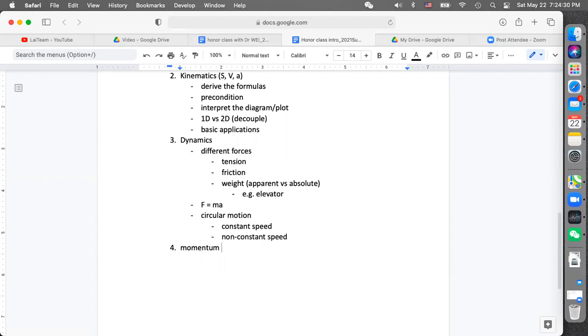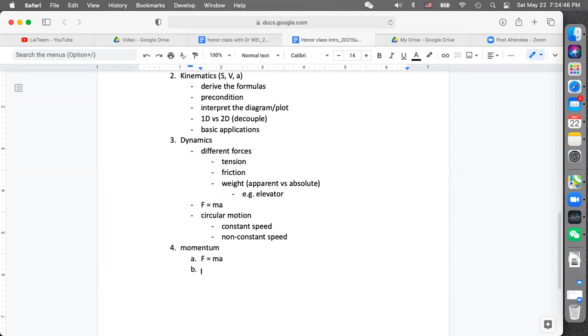But again, momentum actually comes from Newton's second law, F equals ma. Let me quickly show you that as an example. I love examples. So Newton's second law, F equals ma.